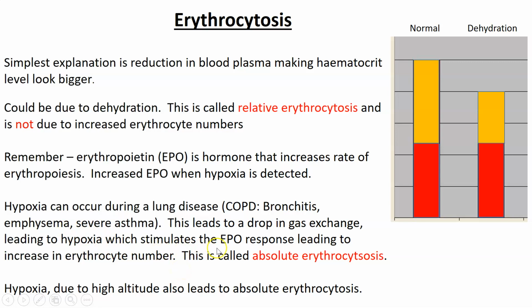In those situations, what you'll find is that the concentration of EPO will increase, and as it increases, the rate of erythropoiesis will increase, and that leads to what we call absolute erythrocytosis. So this is where the actual number of red blood cells is higher than what it needs to be.